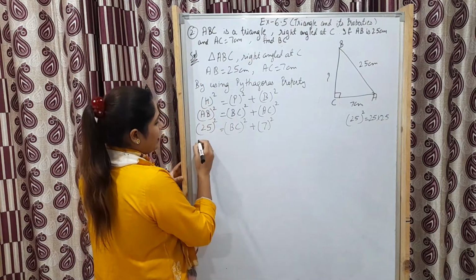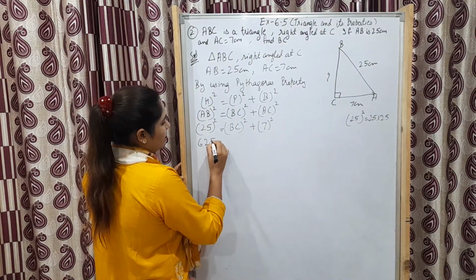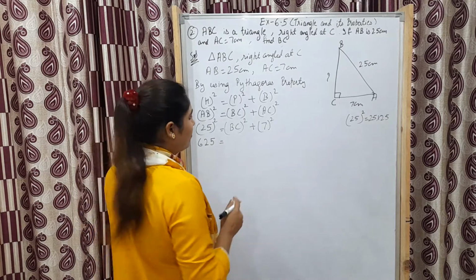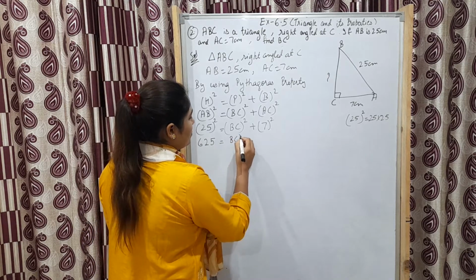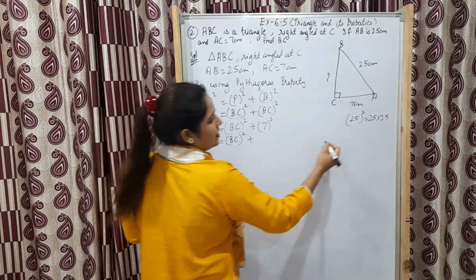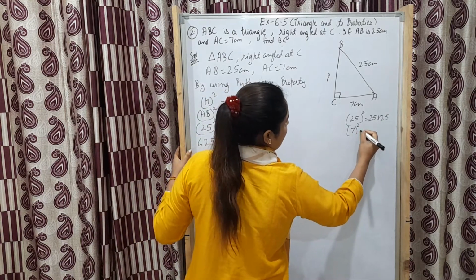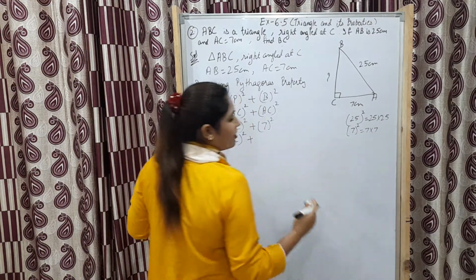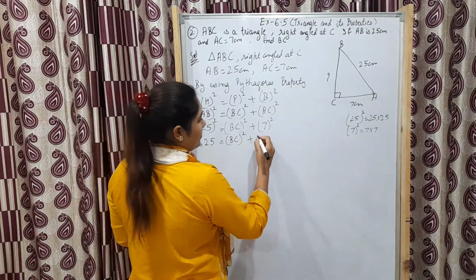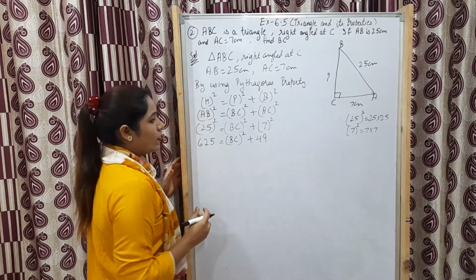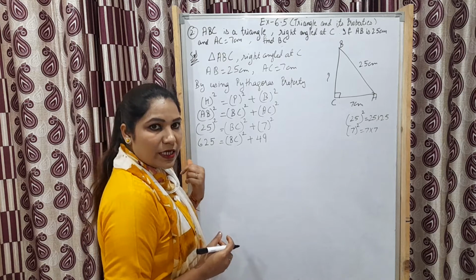When you multiply, you will get 625. BC square is not given to you. 7 square means 7 into 7, which is 49.